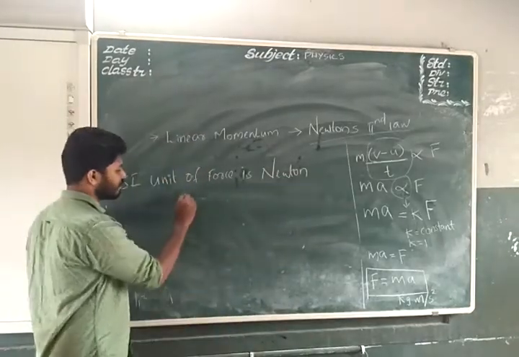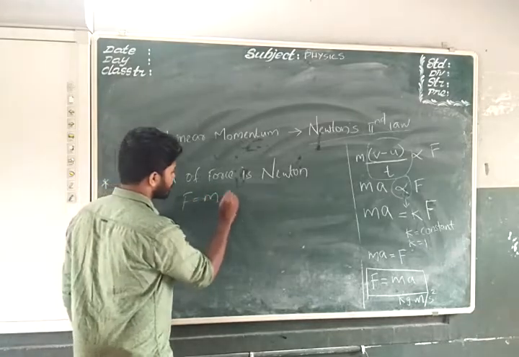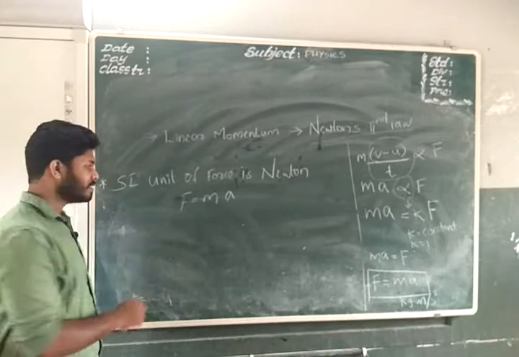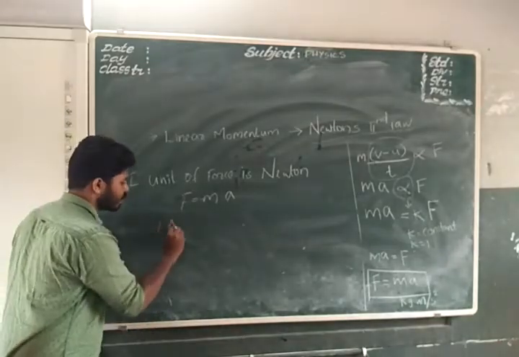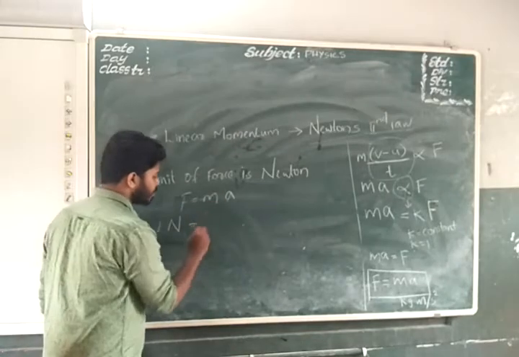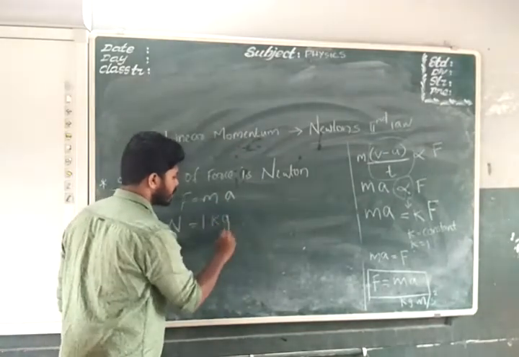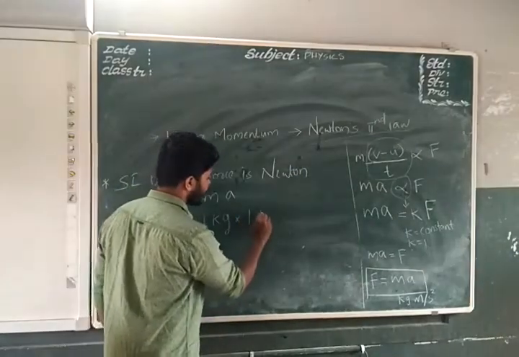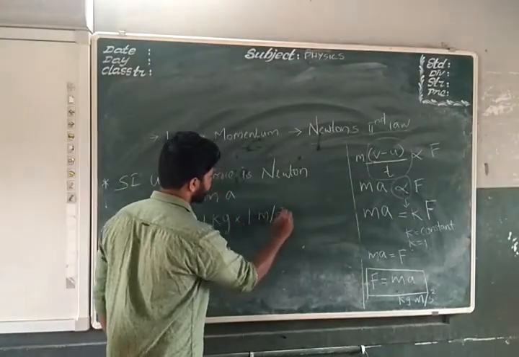Now come to the equation F is equal to ma. We understand the unit of force is Newton. Let us give the units in this equation. For F we can give 1 Newton. For mass we can give 1 kilogram. That is the unit of mass, isn't it? Unit of acceleration is 1 meter per second square.